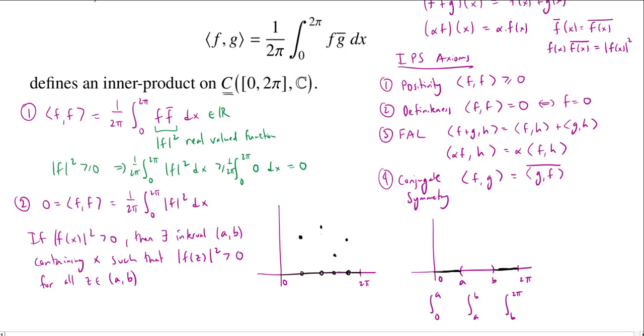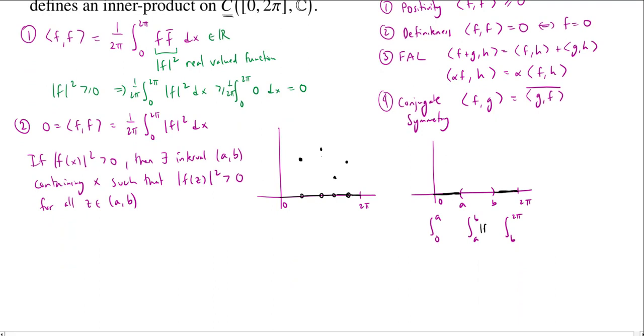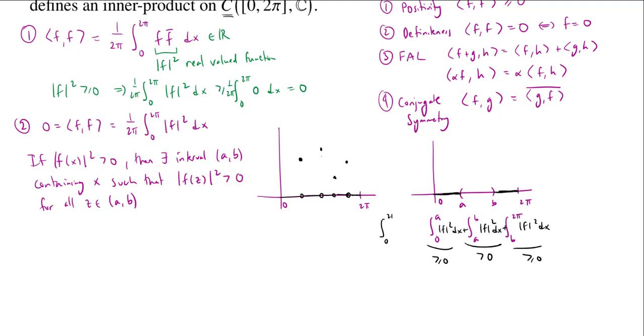So, since I know that if I integrate f squared on this interval (a, b), this is positive, and when I integrate on the other intervals, those are at least 0, then the entire sum, which is the original integral, this entire sum has to be positive.